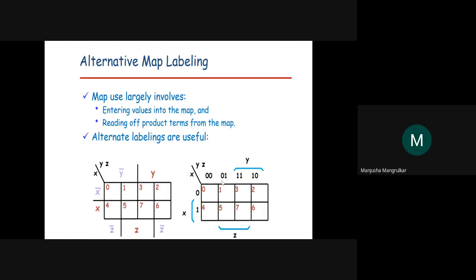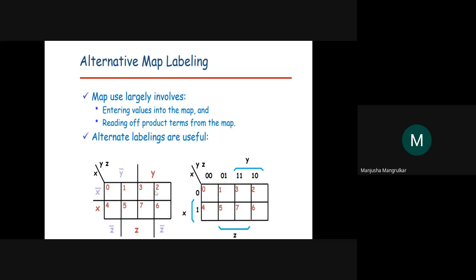Only which value is constant? Y complement is constant. If you are doing a group of these 4, the answer is y complement only. If you are doing a group of this, what is the answer? Only y, because the x value is changed, the z value is also changed, only the y value is constant, 1 and 1 for all 4 terms.